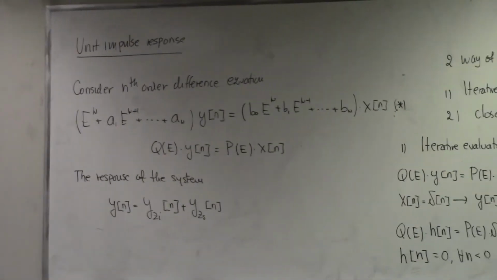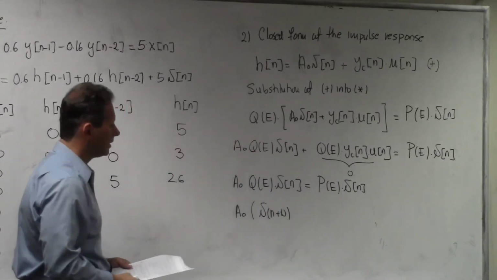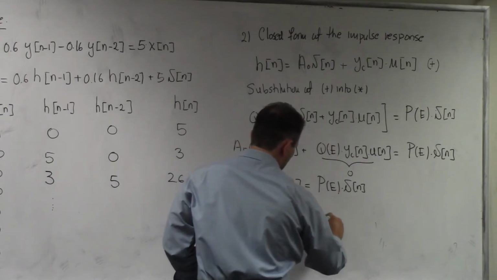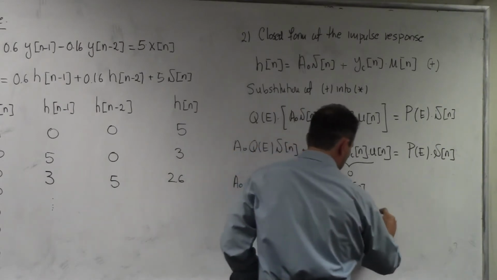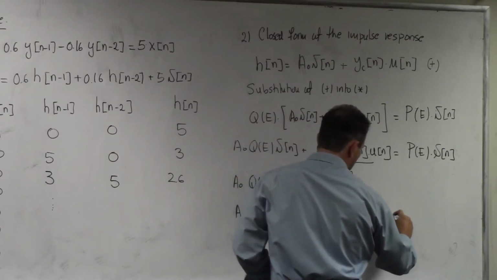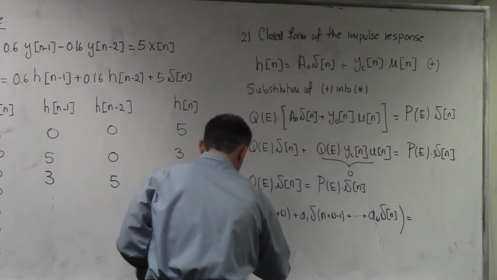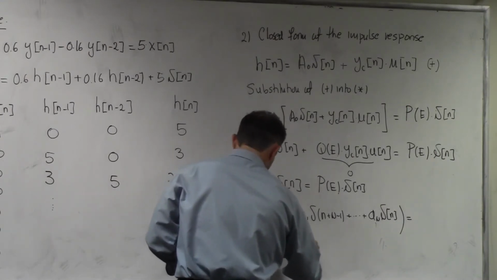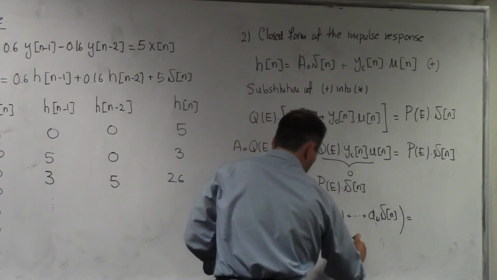So I can say that on the left-hand side, I have delta of n plus n, because that E to the n advances my delta by n, plus A1 delta of n plus n minus 1, plus and so on, plus An delta of n, has to be equal to B0 delta of n plus n, plus and so on, Bn delta of n.